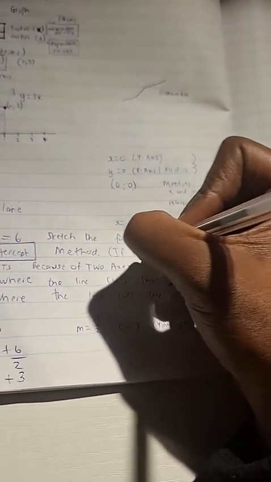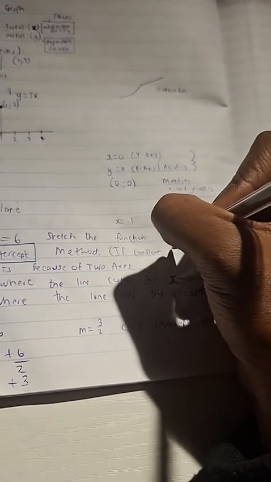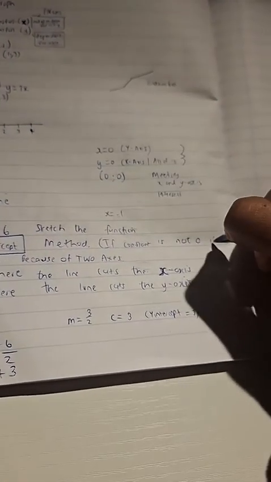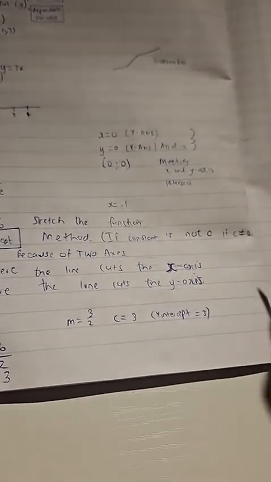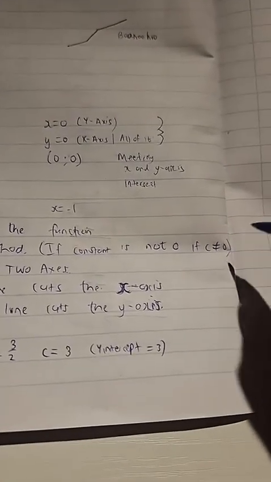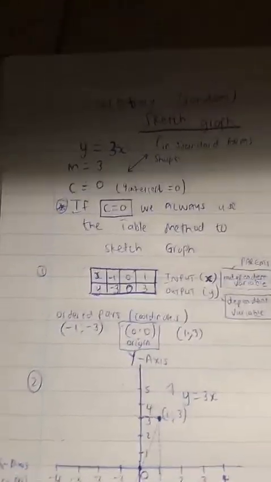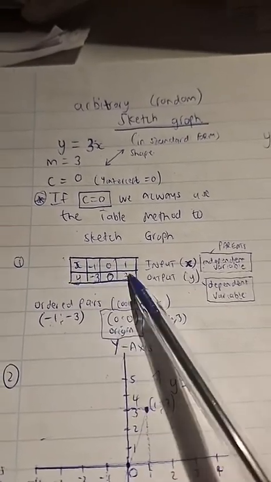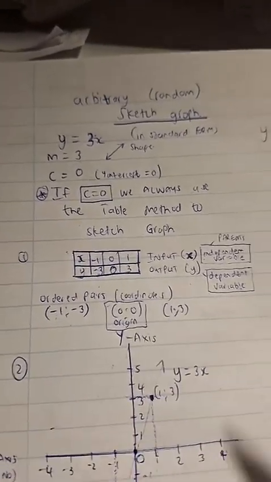If c is not 0, that's when we use the dual intercept method. Because remember, when c was 0, we had no other way than to use the table method. It is the method that works.